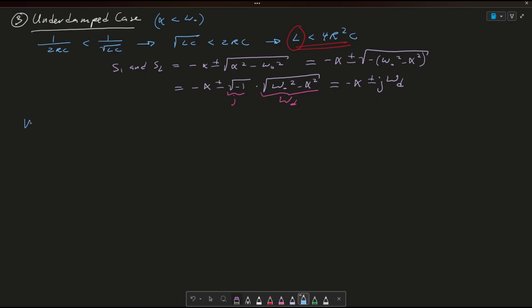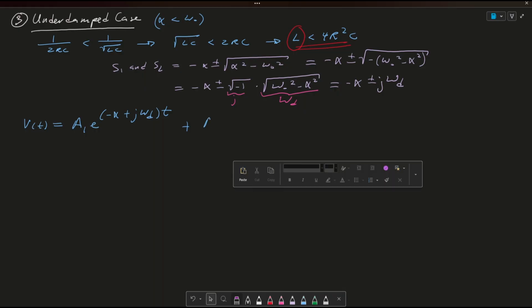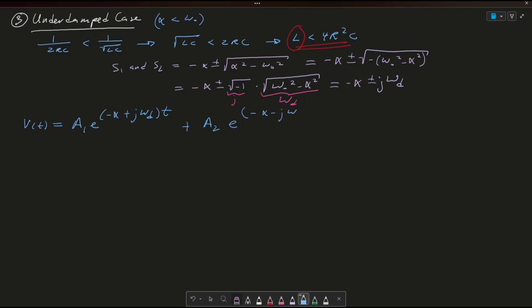All right, so therefore we can go ahead and write this v of t is equated to a1 e to the S1, which I'm going to say is minus alpha plus j omega d times t, plus a2 e to the S2, which is going to be minus alpha minus j omega d times t.